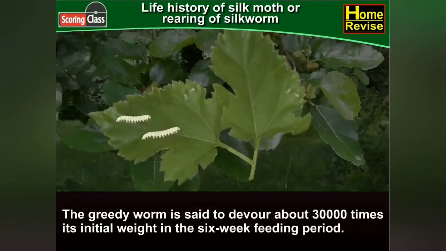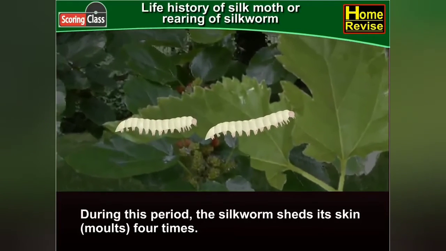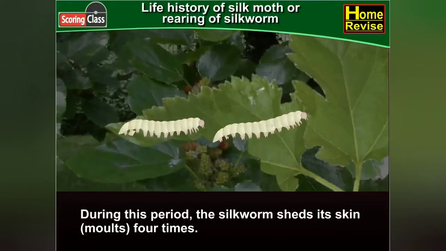The greedy worm is said to devour about 30,000 times its initial weight in the 6-week feeding period. During this period, the silkworm sheds its skin, that is, molts, 4 times.